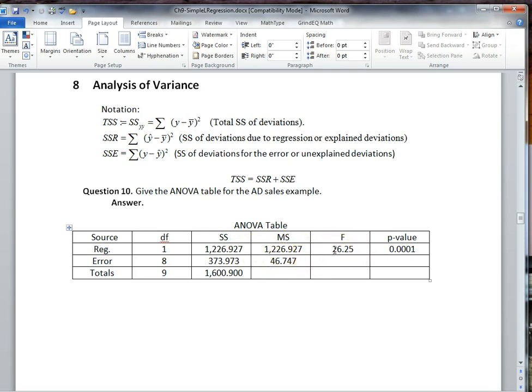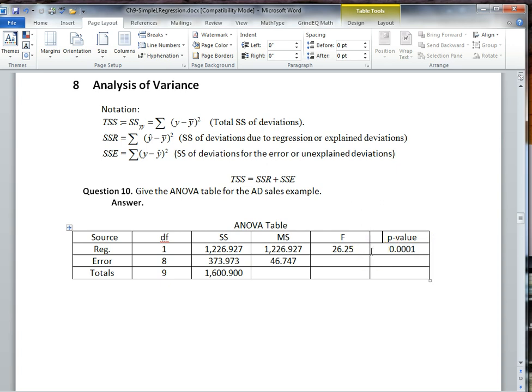This is a new distribution we haven't talked about, but like when we talked about the p-value for the z distribution, we get a p-value for that, and Minitab gives us a p-value of 0.0001, which is quite significantly less than 0.05, which indicates a linear model is a good model for this problem.